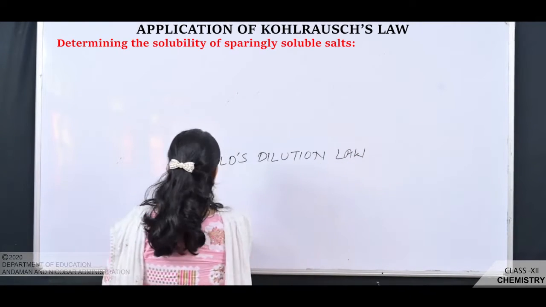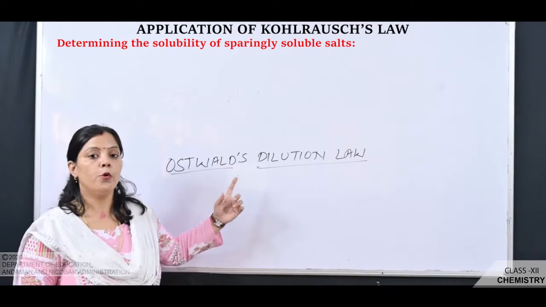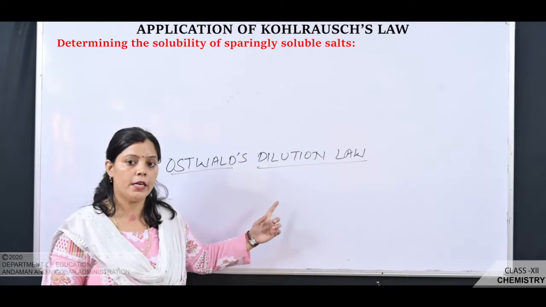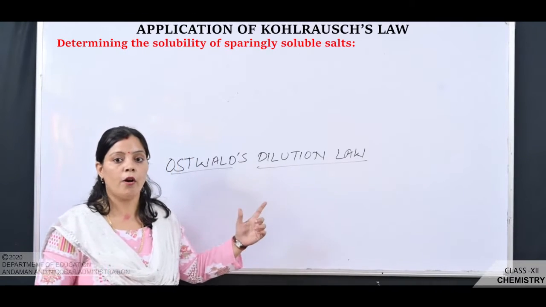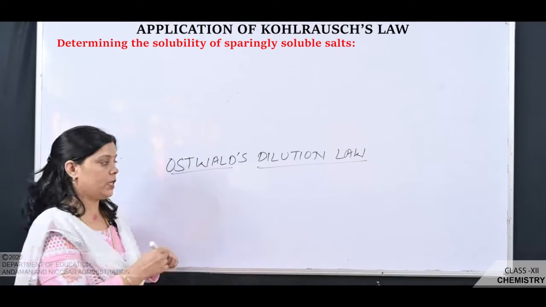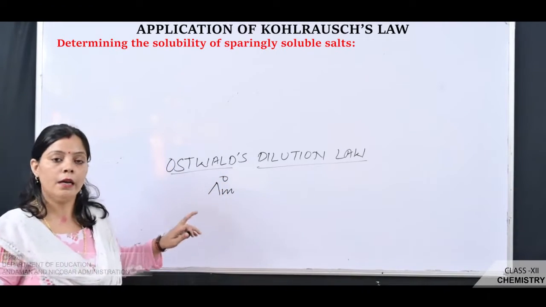At this stage the molar conductivity of the electrolyte becomes maximum and attains the value of the limiting molar conductivity, that is, kappa m naught for the electrolyte.